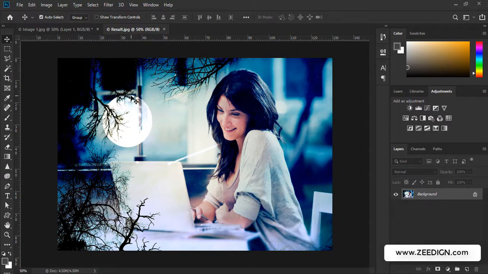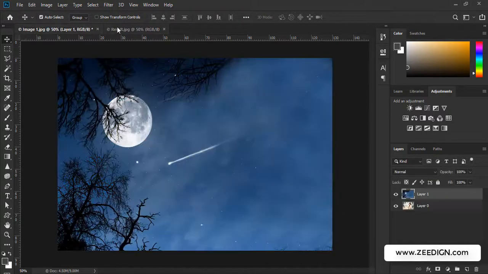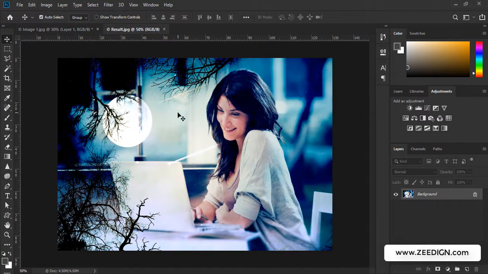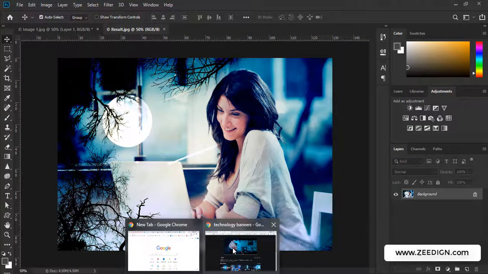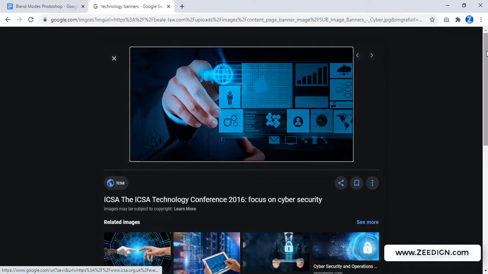Here you will notice those two layers I showed you in this document are blended or merged together into one, and now it has this effect on it. And this is not just one application. I could show you more on the internet.